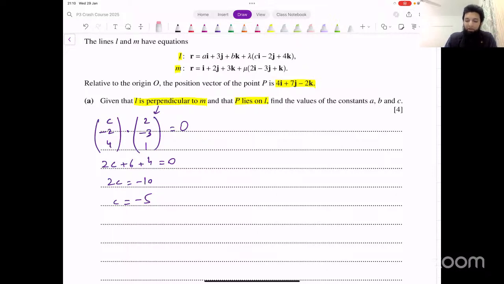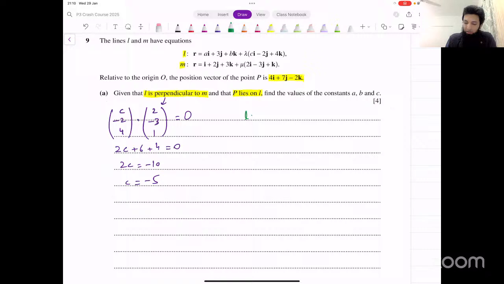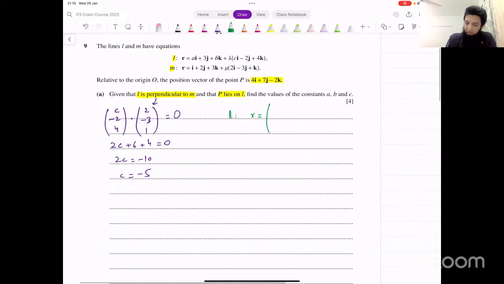Now, let me write that equation down here first. That equation is r equals (A, 3, B) plus lambda times (C, -2, 4). We now know the value of C, which is -5. That's the equation.